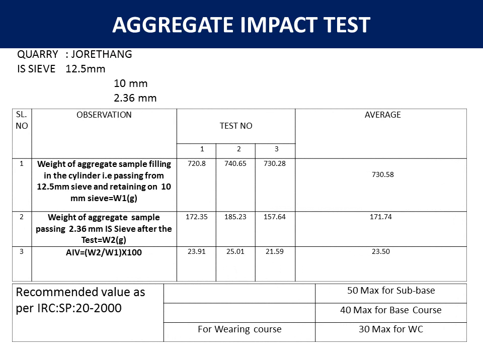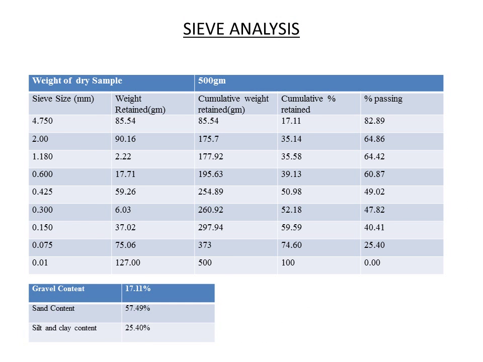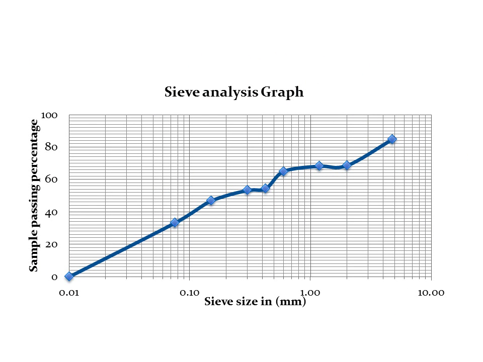Following this, the aggregate impact test was performed, and these are the results obtained through the sieve analysis. The sand content and the silt and clay content were determined based on the test results.